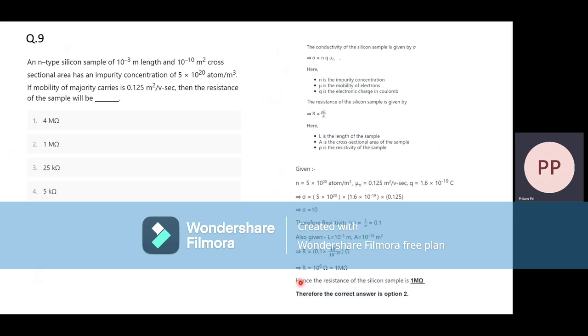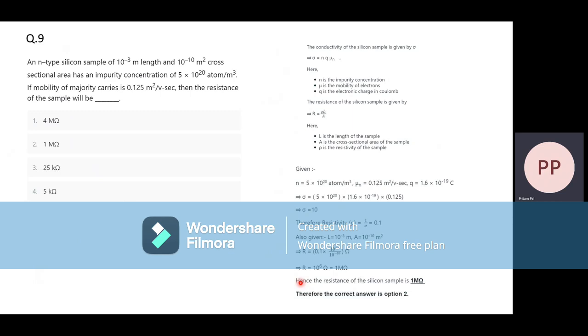If you calculate sigma, it will come to 10. Then the resistivity is the inverse of the conductivity, that is 0.1. L depends on the system size, the length and the cross-sectional area of the sample, and we need that information to calculate the resistance.